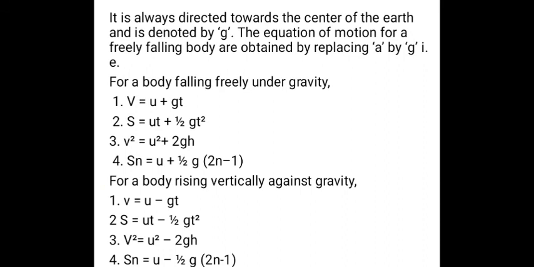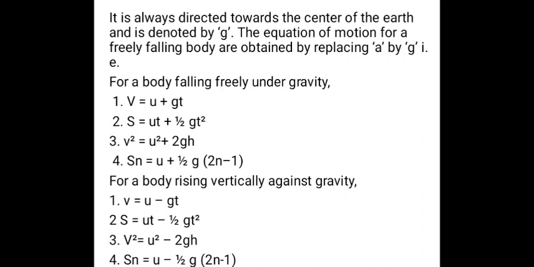For an object rising vertically against gravity, the equations of motion become: v is equal to u minus gt, where a is replaced by minus g.